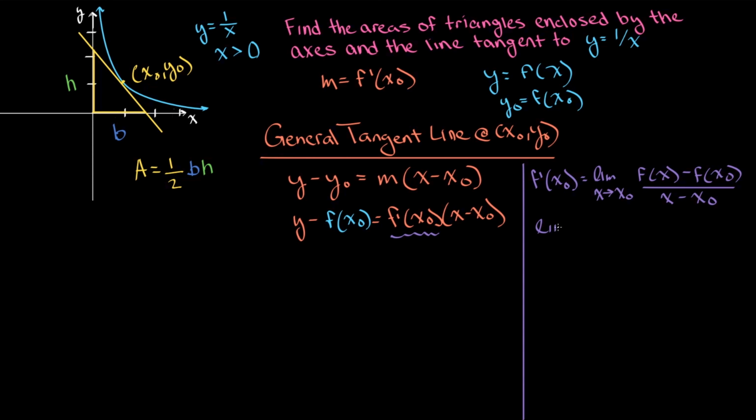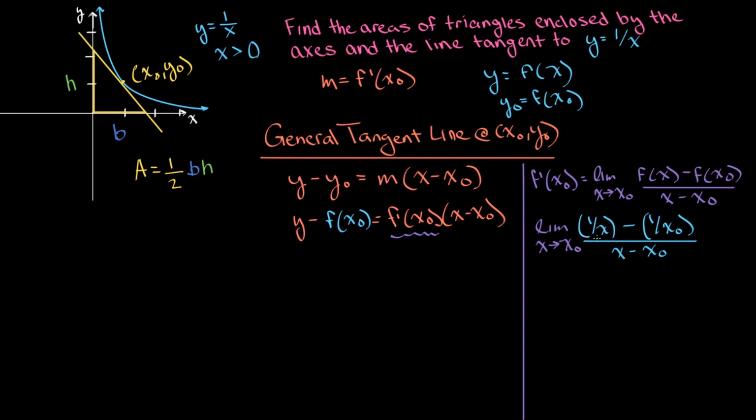So we can fill this in. We have the limit as x goes to x naught of f of x, which is 1 over x, minus f of x naught, that is 1 over x naught. And all of this is still over x minus x naught. Okay, and now all we need to do is simplify this numerator, and then we can take the limit.